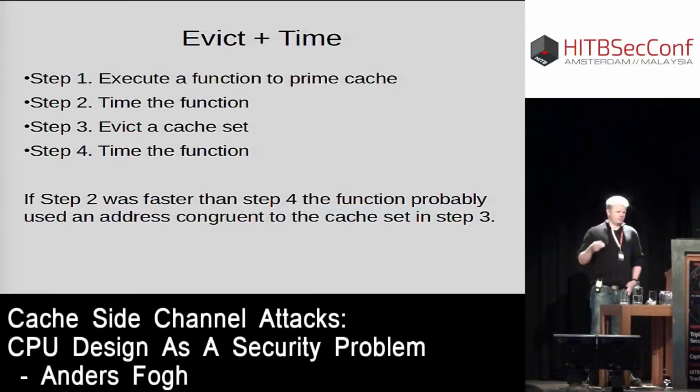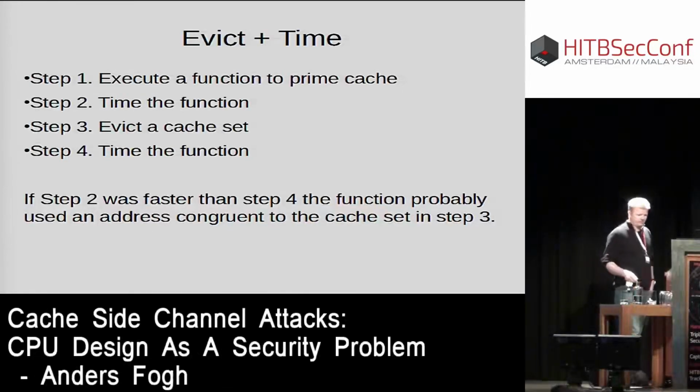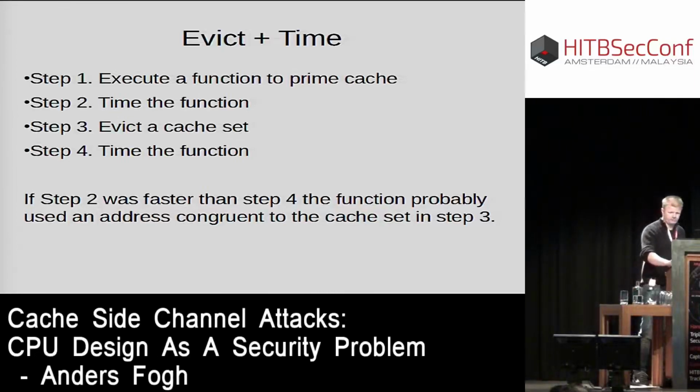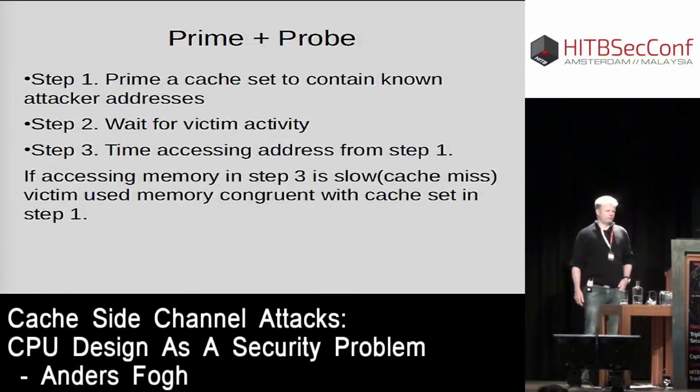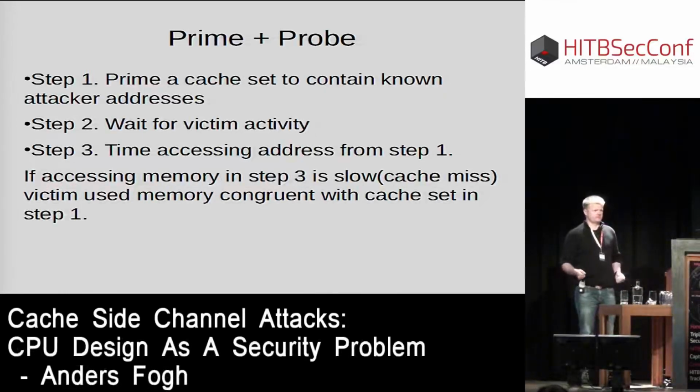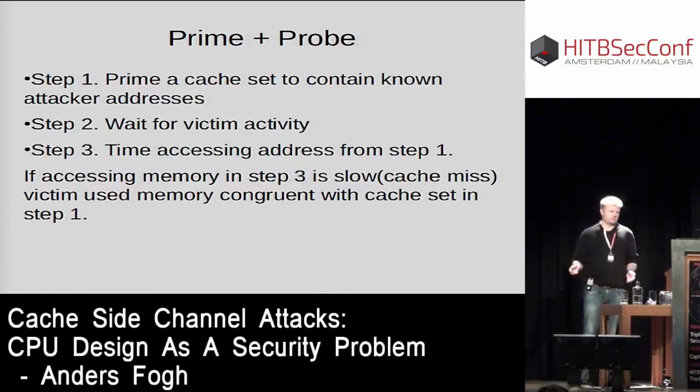So it's a bit of a problem using this function. It limits the attack. So there is a more powerful attack that alleviates this problem. It's prime and probe. The first step of prime and probe is to manipulate the cache to a known state, that is, to make sure that a cache set contains only known attacker addresses.